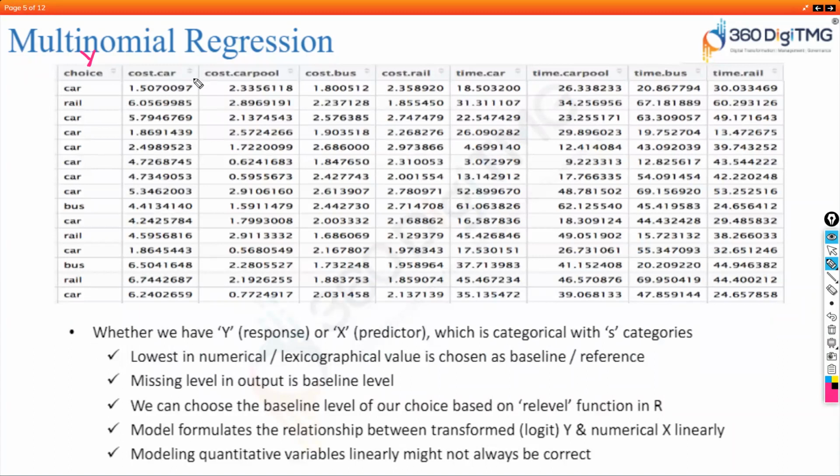How much does it cost for each of the transportation, and how much time would it take? All these details are given to us. Okay, now, first thing is the level lowest in number or lexicographical value would be chosen as a baseline or reference.